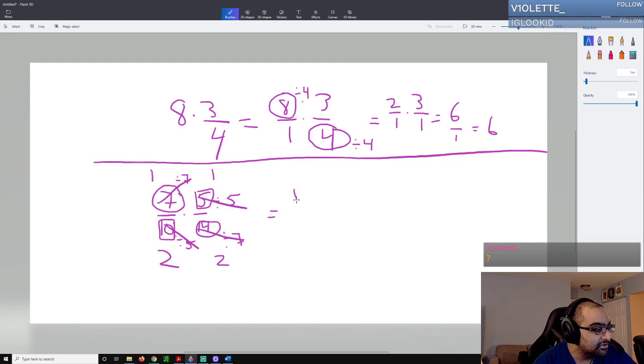Putting this together, we get 1 over 1 and 1 over 2, so we get 1 over 4. So this would be a quarter square yard. And this is how we get our final answer for this problem.